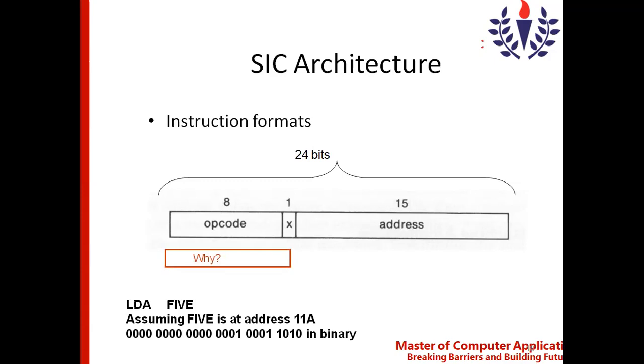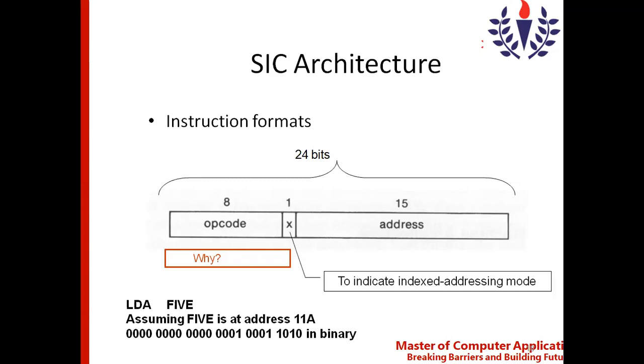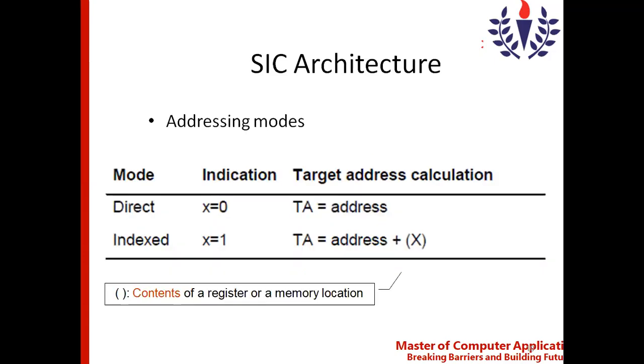The reason why we use this X bit is that it is meant for addressing purposes. That we will see in the next slides. Coming to the addressing mode, as I already told you, the X bit is meant for addressing purposes. X has 1 bit, which is represented by either 0 or 1.